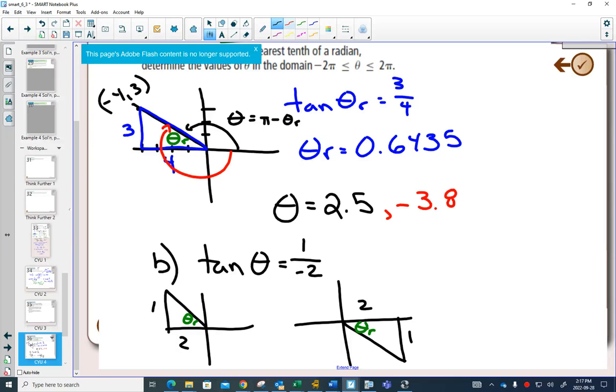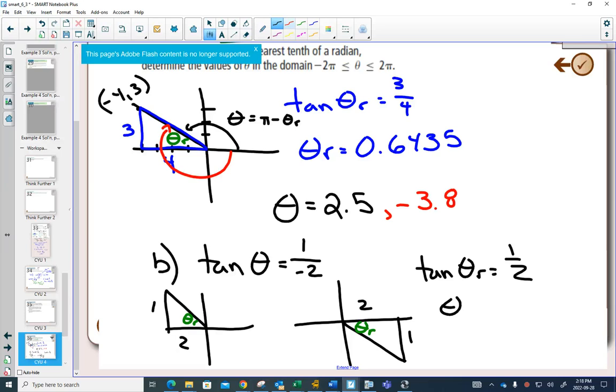Okay? How would I find that reference angle? Well, tan of my reference angle. And when you're finding a reference angle, your reference angle is based on an actual triangle. Actual triangles have actual lengths that are all positive. So even though tan is negative 1/2, when finding your reference angle, you have to use positive values.